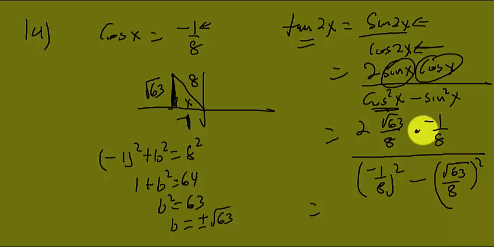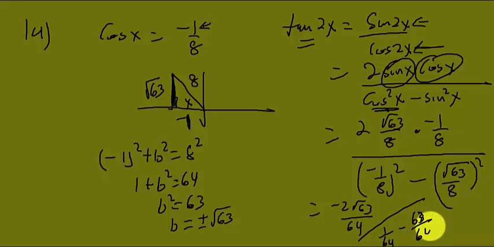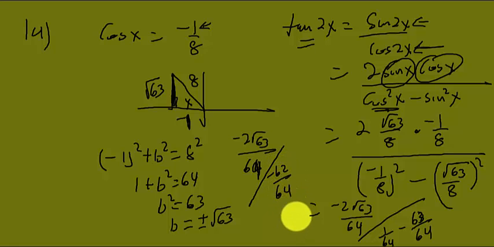If I clean this up, I'm going to get a negative 2 rad 63 over 64 on the top. And in the bottom, I'm going to get 1 over 64 minus 63 over 64, which simplifies to negative 62 over 64.